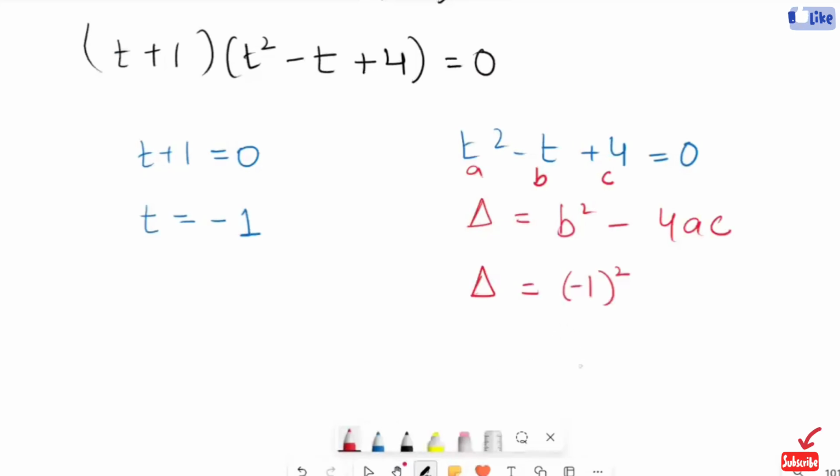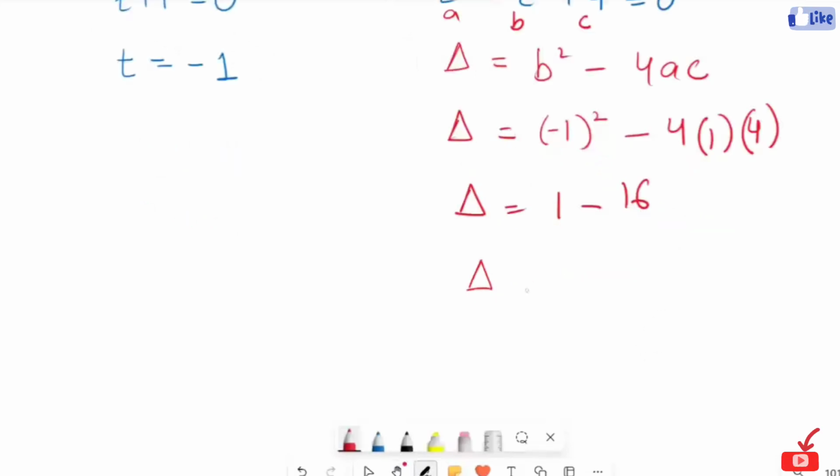This will turn to 1 − 16, since 4 times 4 gives us 16. So the discriminant we find is −15, which is less than 0. That means there is no real solution for this case too, so this should be rejected.